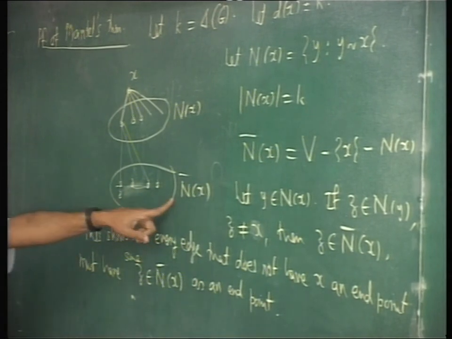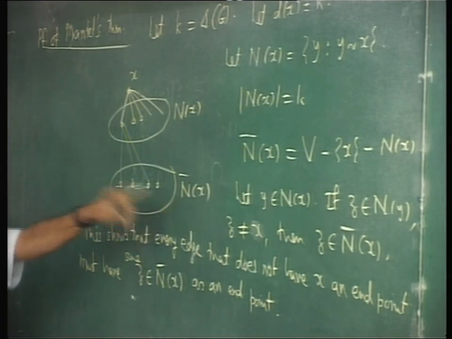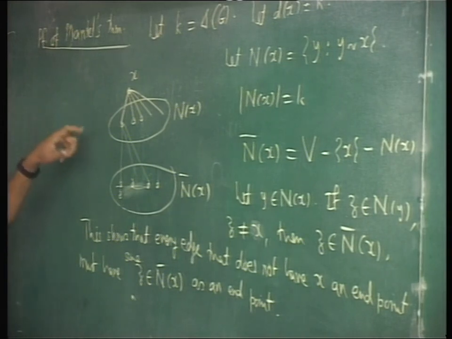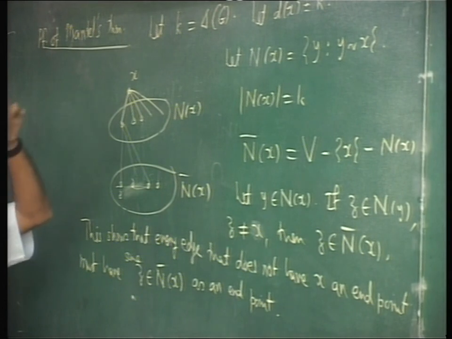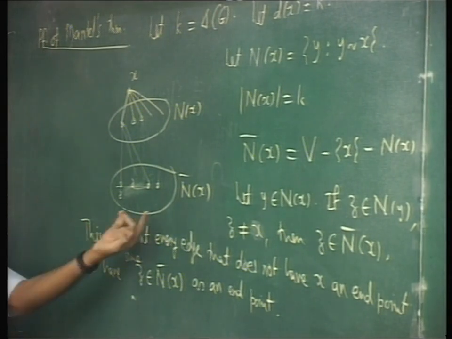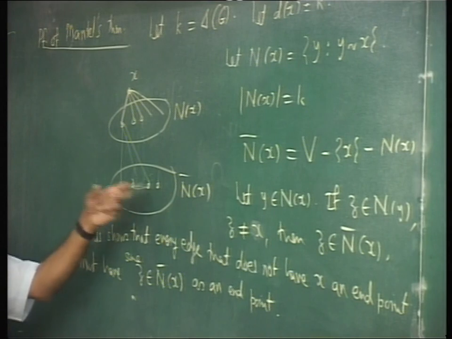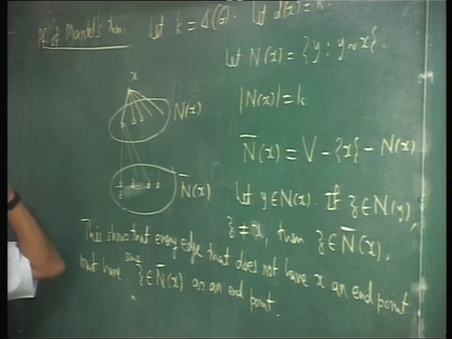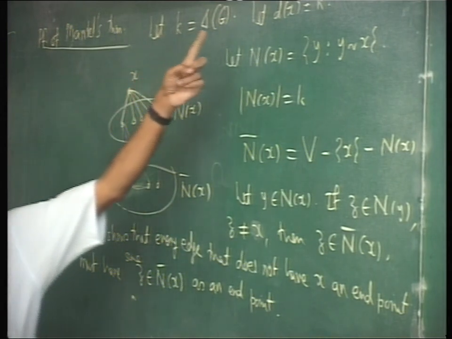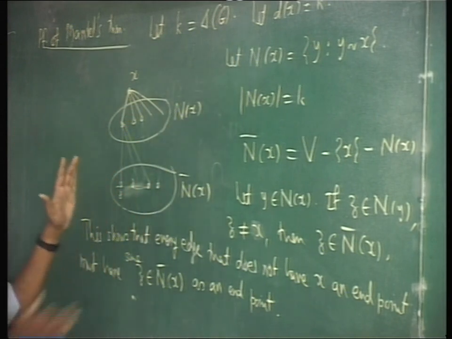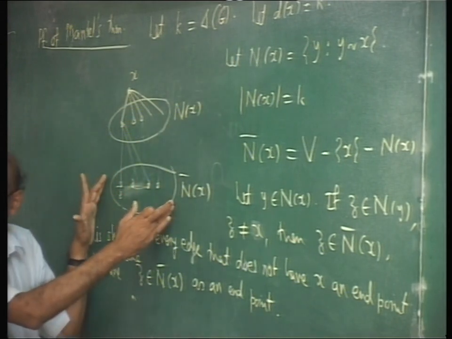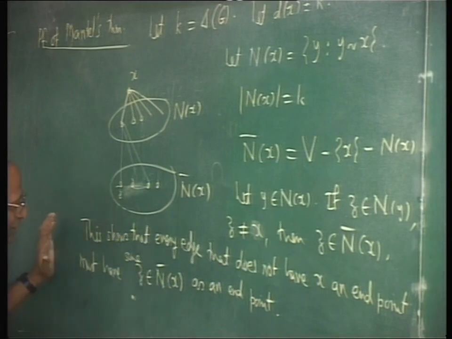How many vertices do I have here in N bar x? That is not difficult to calculate. Because there are k here, 1 there, so the remaining is n minus whatever is over here. What are the degrees of each one of these? At most k, no bigger than k. How many vertices are here? n minus 1 minus k.